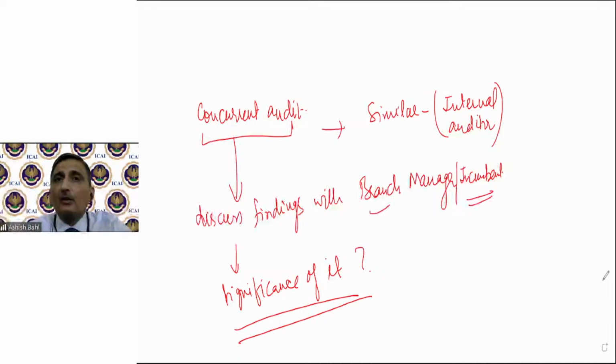So therefore, students, you have to remember that the concurrent auditor has to discuss findings with the branch manager, with the branch incumbent, before giving his report.